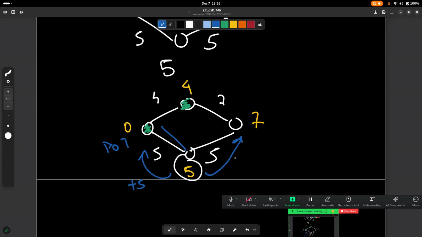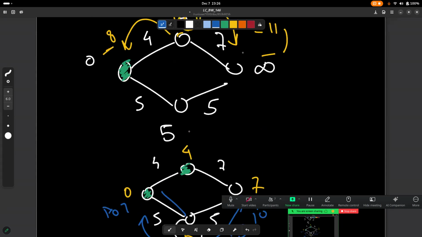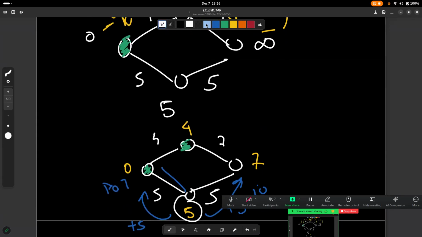Then I can traverse this edge, say 5 plus 5 is 10. Sorry, this is not 7, this has to be 11. So this would be 11.